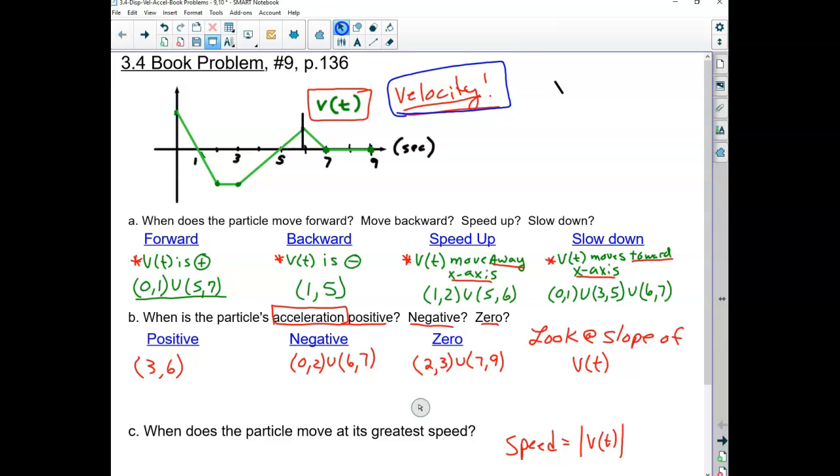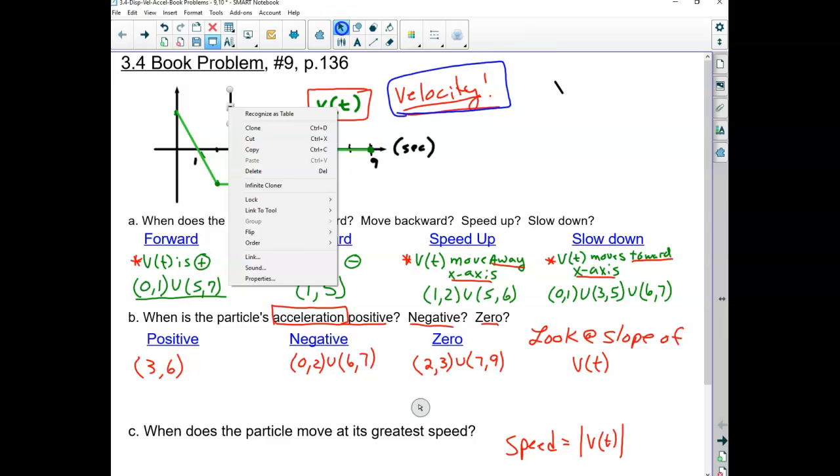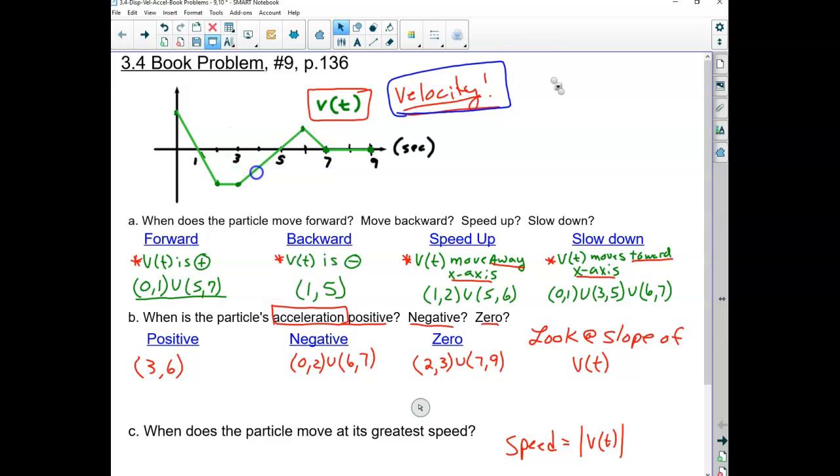So my highest velocity is at time 0, and right there from 2 to 3, because it's constant at that rate. Let's get rid of those.